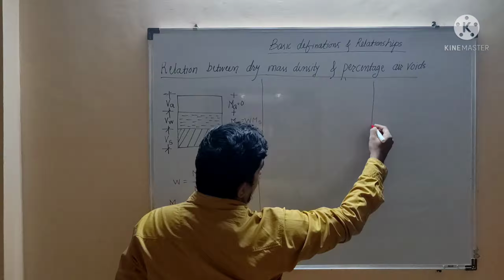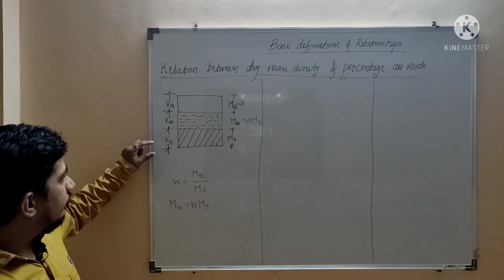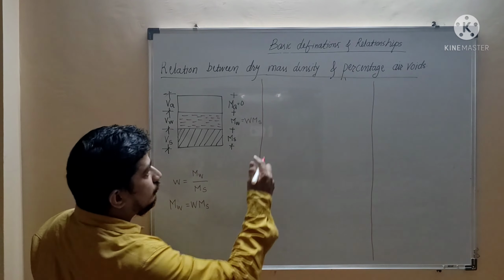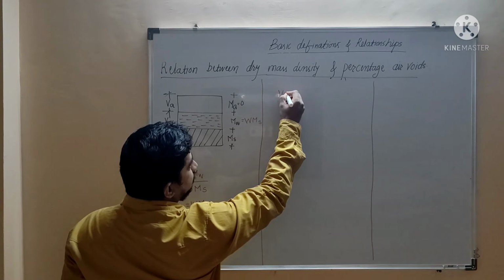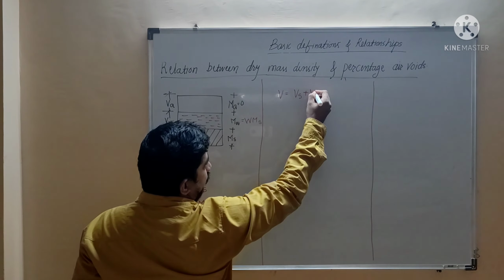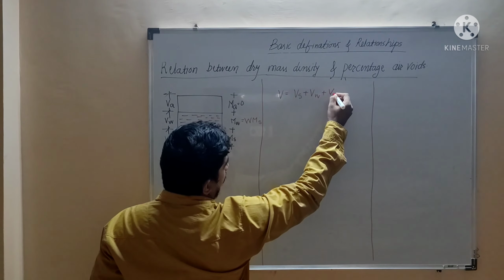Now the total volume of a soil is nothing but the volume of solids plus volume of water plus volume of air. So we can write V is equal to volume of solids plus volume of water plus volume of air.